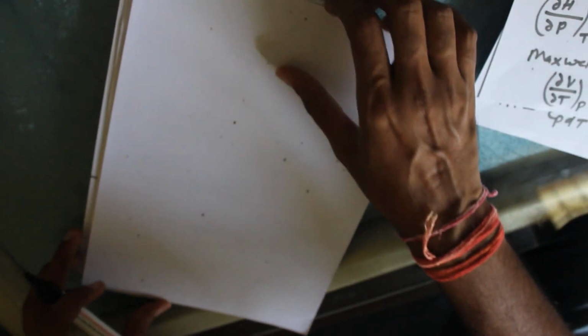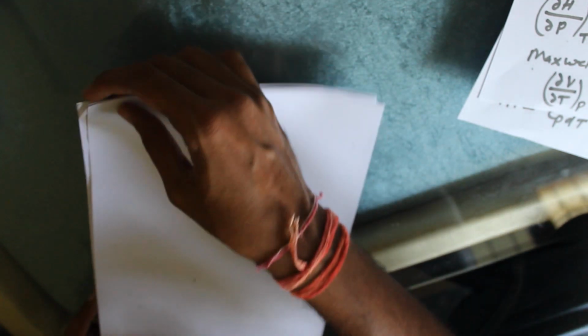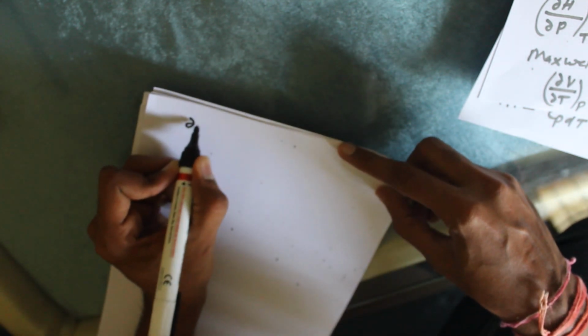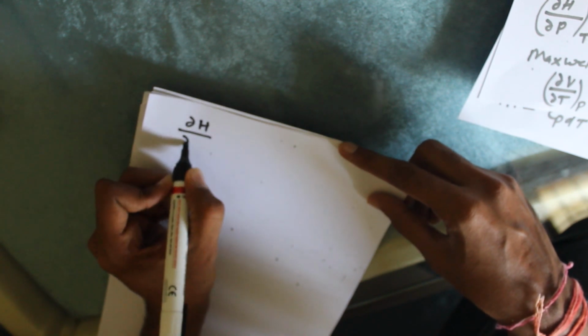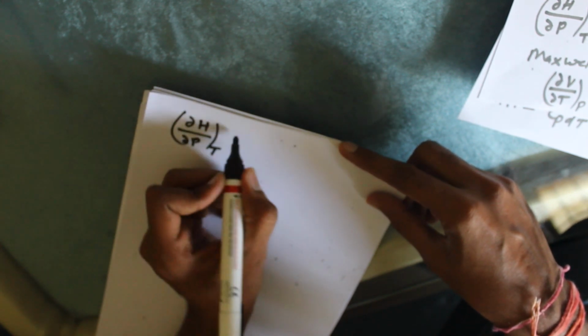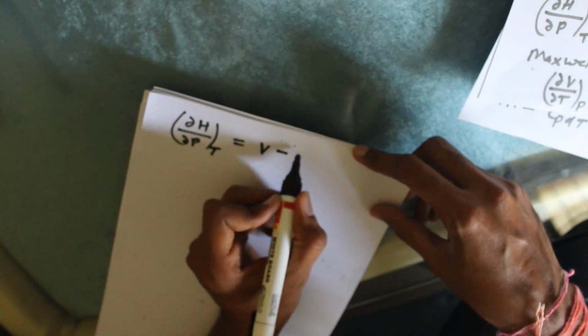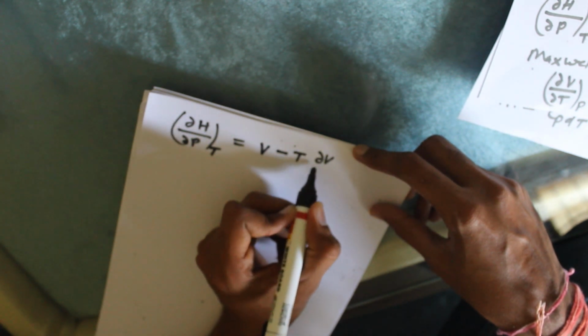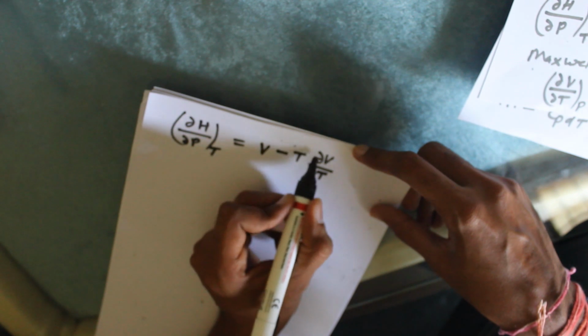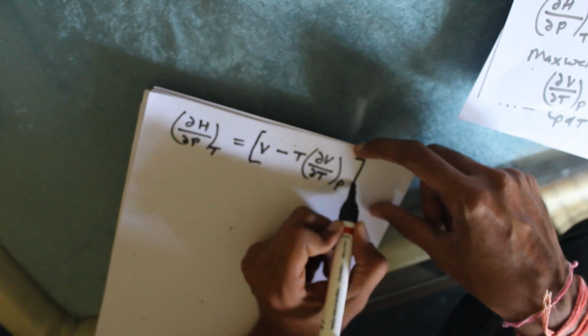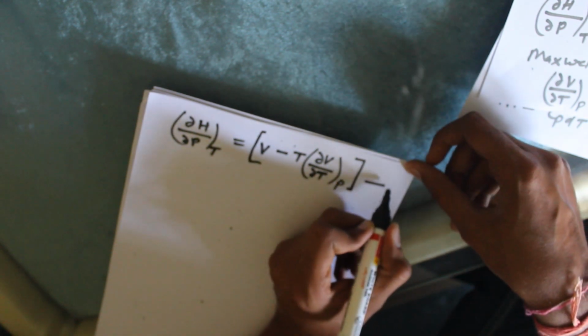Then finally del H by del P at constant temperature will be equal to V minus T del V by del T at constant pressure. This one is equation 9.